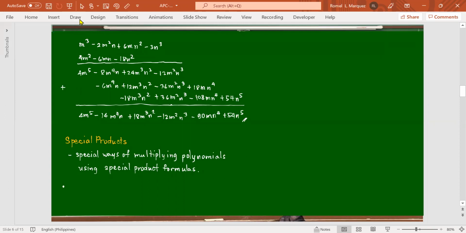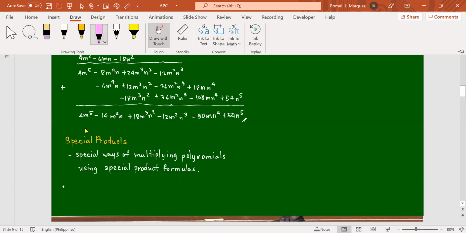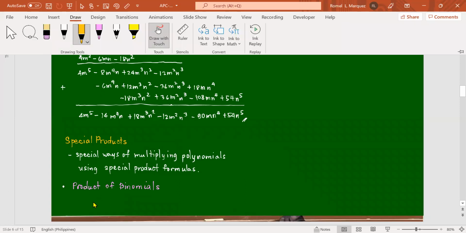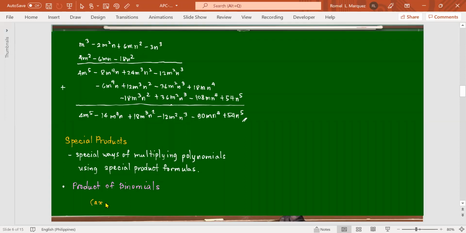We're going to start with product of binomials. For product of binomials, you're going to use this formula. (ax plus b)(cx plus d).